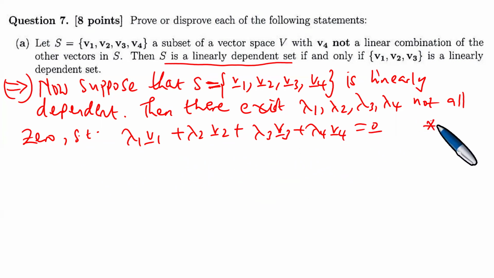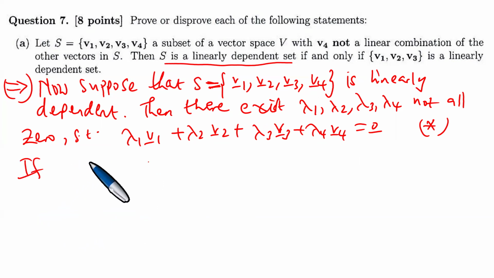You can call this asterisk, star. So there exist those lambdas, not all 0, such that this is the case, because this one is linearly dependent, so not all the scalars are 0.